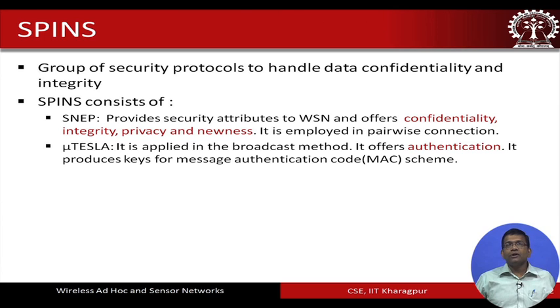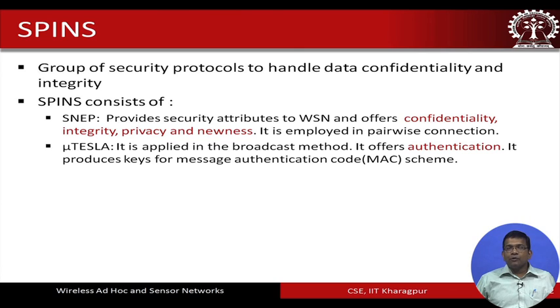SPINS is a group of security protocols. It is not just one protocol, it is a group of protocols which will take care of issues such as confidentiality and integrity. And so, SPINS basically has two parts. One is called the SNEP protocol, which basically fulfills the requirements with respect to confidentiality, integrity, privacy and newness, and it is employed in pairwise connection between the different nodes.